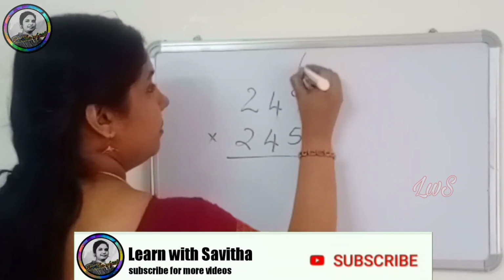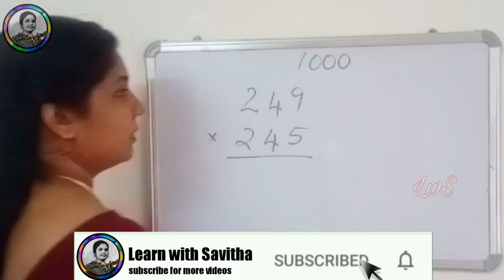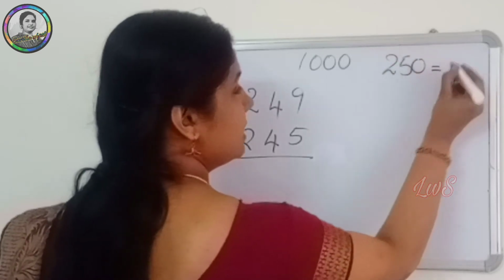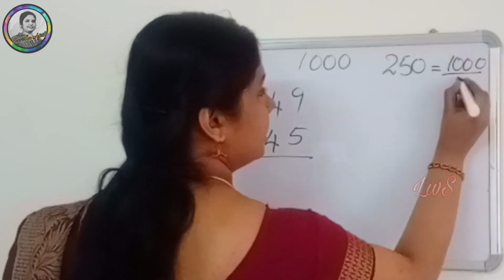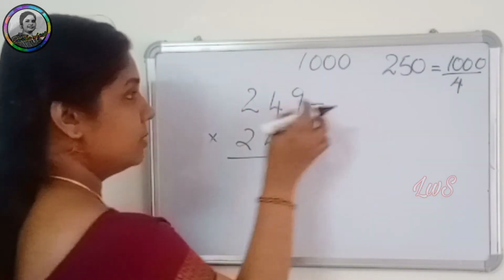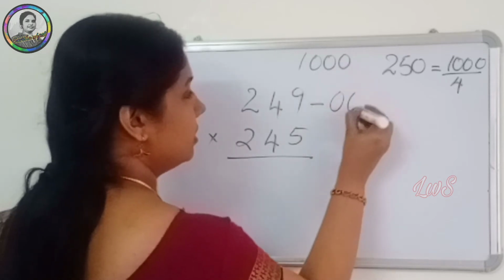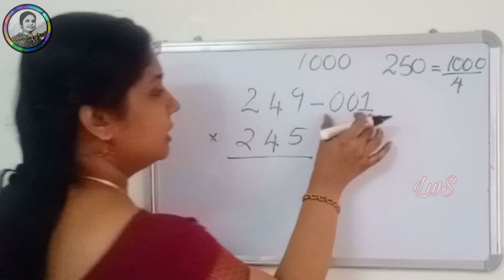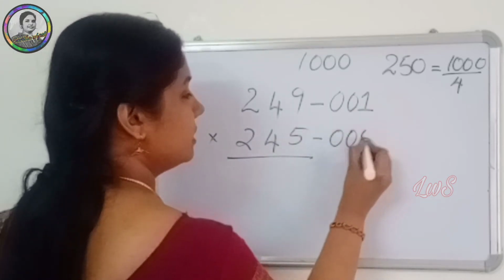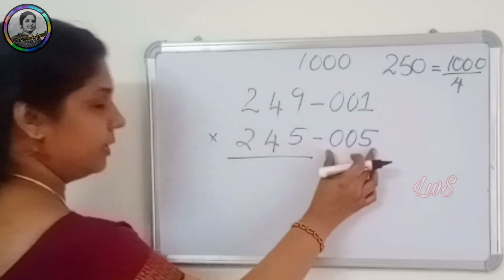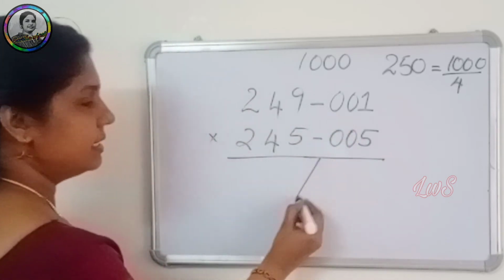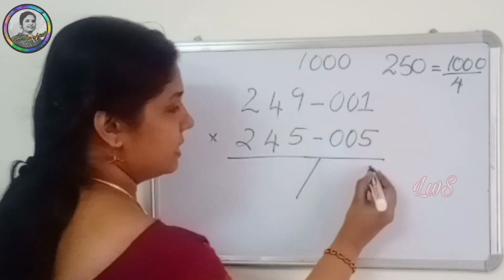Now consider this question: 249 times 245. Here the base is 1000 and the working base is 250, which is equal to 1000 divided by 4. 249 is 250 minus 1. Since it has 3 zeros, we have to write it in 3 digits. Here also, the complement from 250 is 5. So we write 005. Now coming to the right hand side part, 1 times 5 is 5.